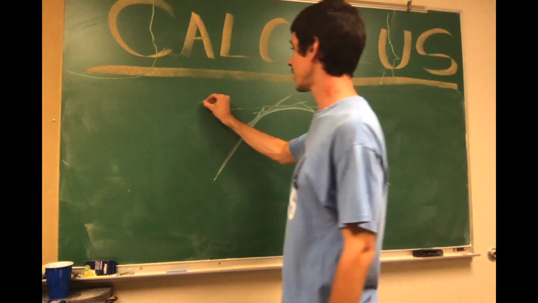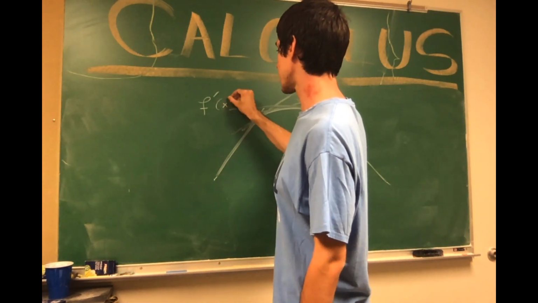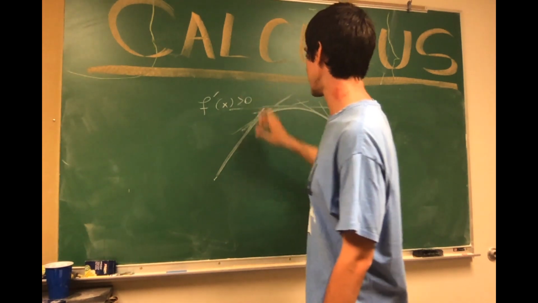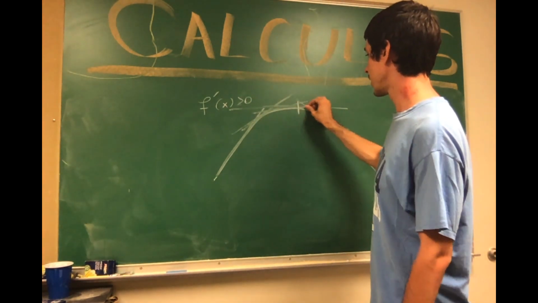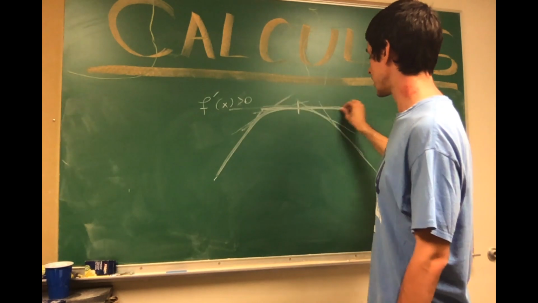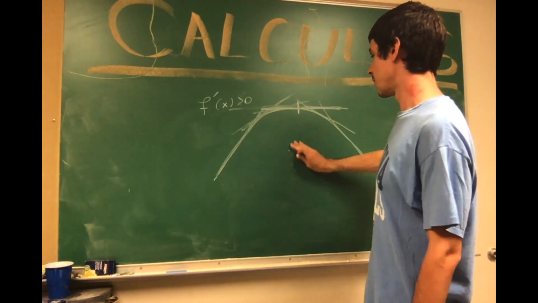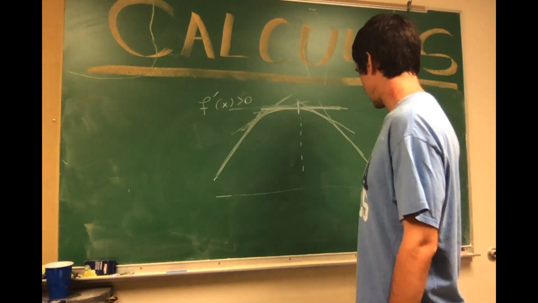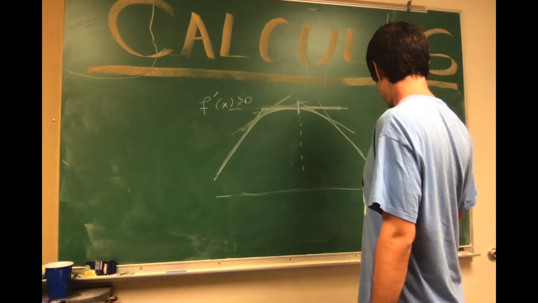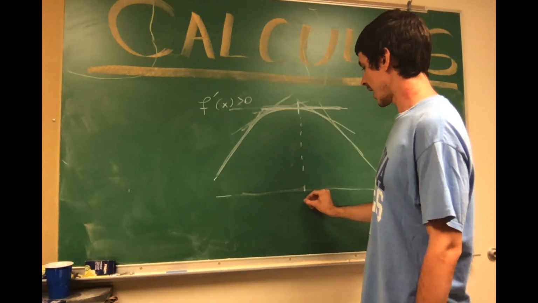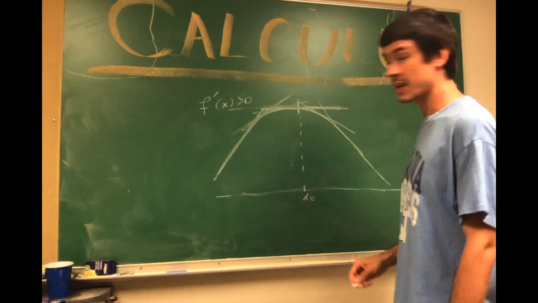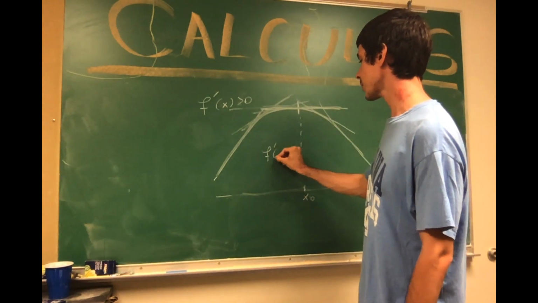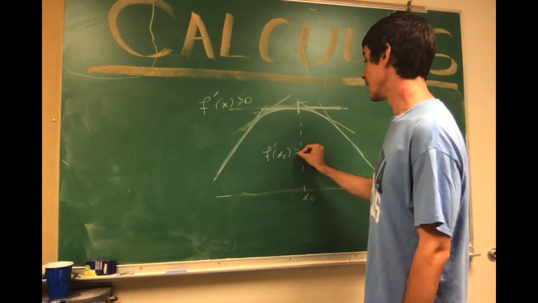So over here, f prime of x is greater than 0. It's increasing. And then let's call this point the maximum. Let's call the maximum x0. So we have the x-axis, and let's call this point x0. So the maximum occurs at x0, and so f prime of x0 equals 0, right?